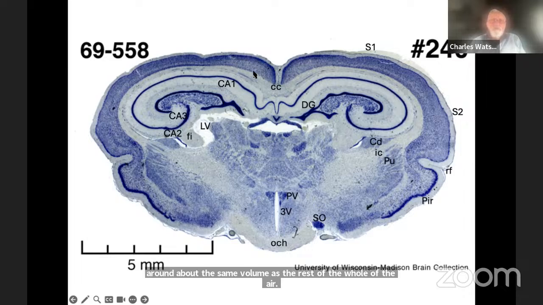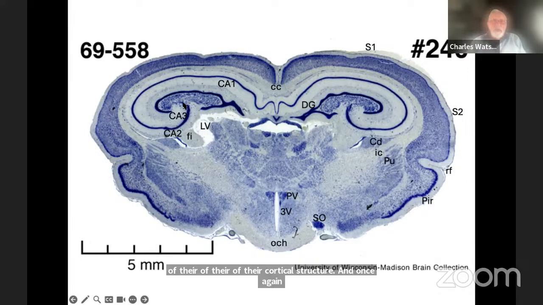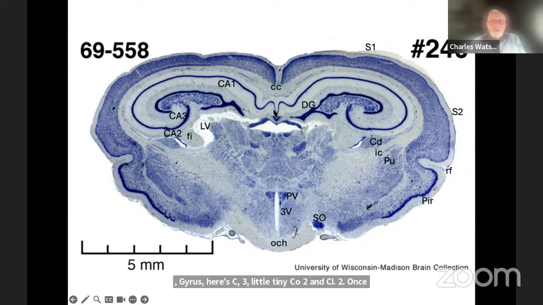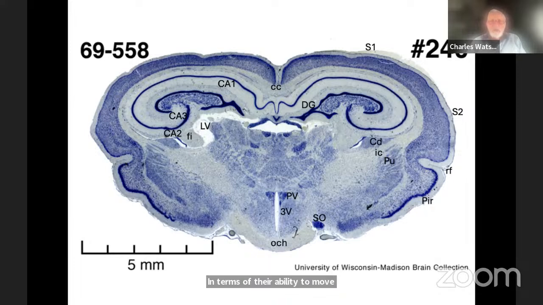It takes up an enormous part of their cortical structure. And once again, here's the dentate gyrus. Here's CA3, little tiny CA2, and CA2 once again for spatial memory is very much expanded, and that's their secret in terms of their ability to move fast along these paths and work out where they're going in the end.